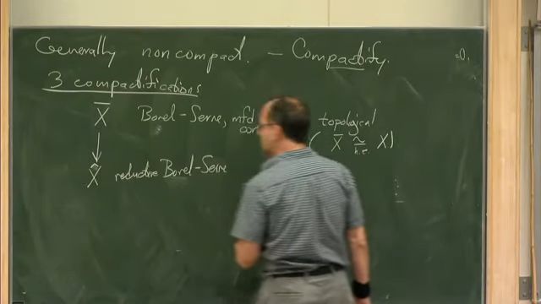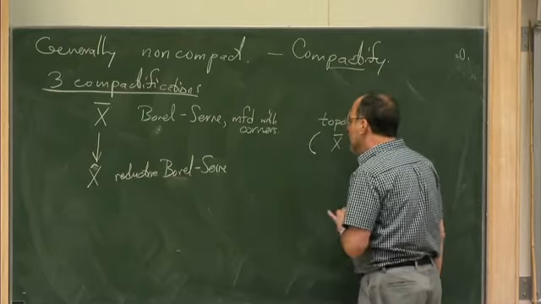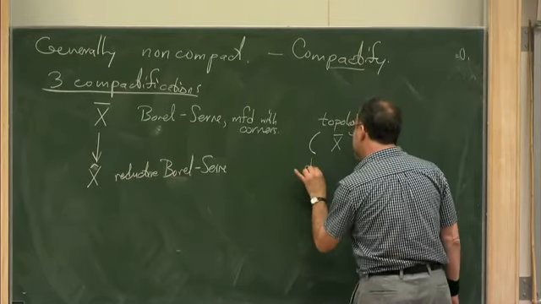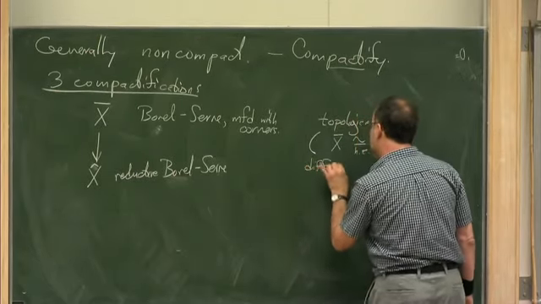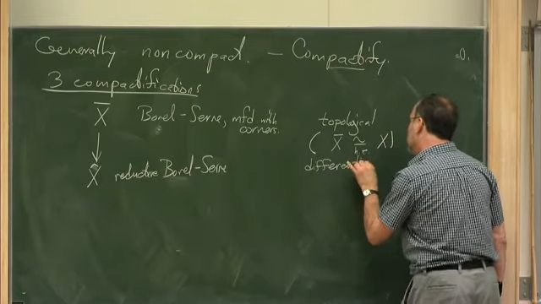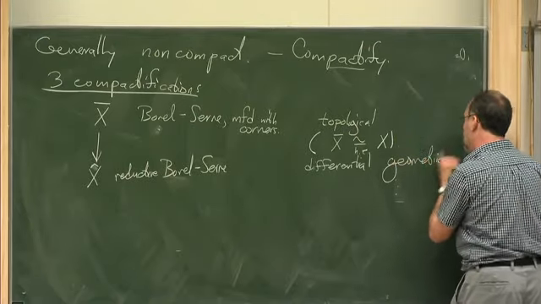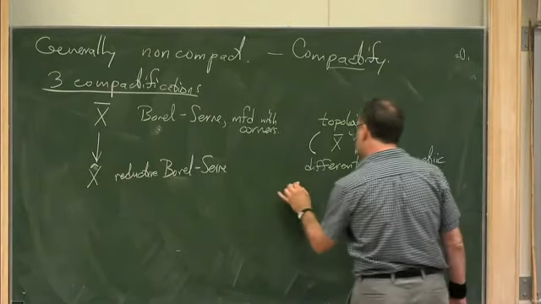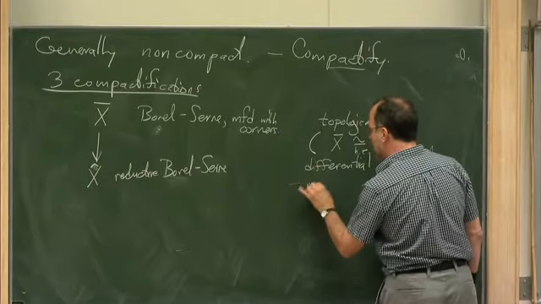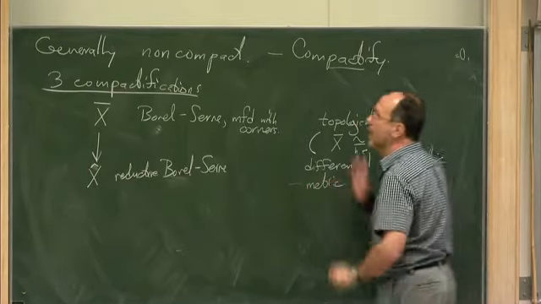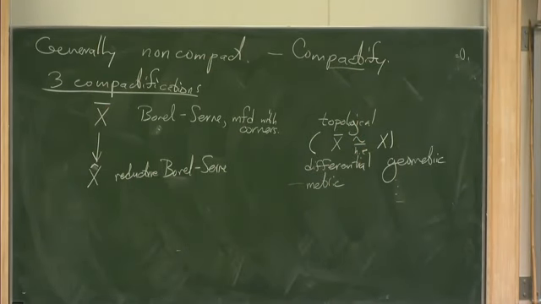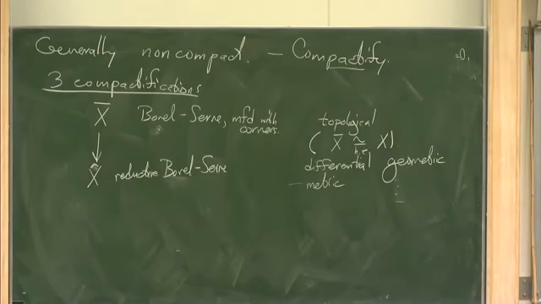So what is this? Well, this is more of a differential geometric compactification. And the point here is that the metric, I haven't said anything about metric, I'll say more about it later, but obviously on a symmetric space there is the symmetric metric.